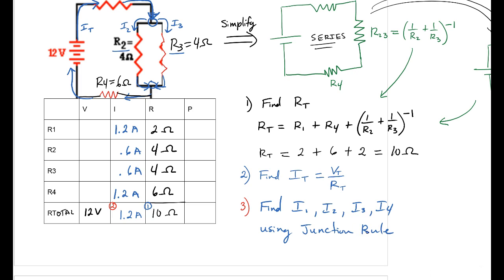All right. Here we have 2 values out of the 3, and everything else is pretty much just a multiplication, right? So V is equal to IR. We can do that real quick.